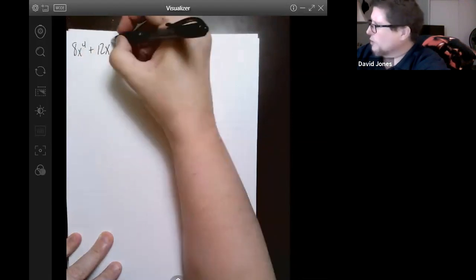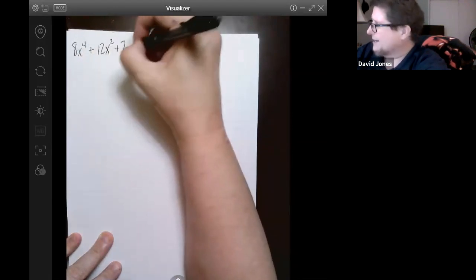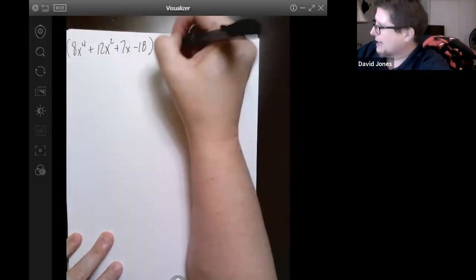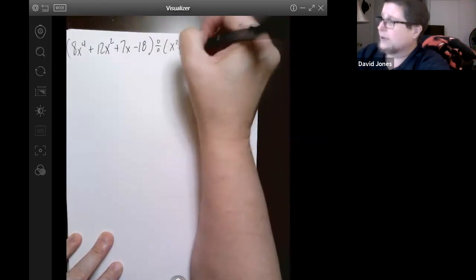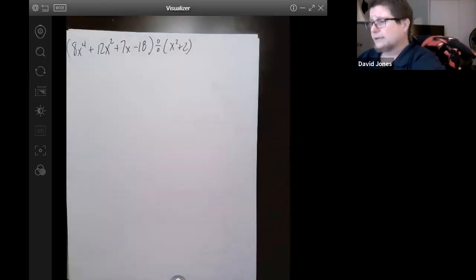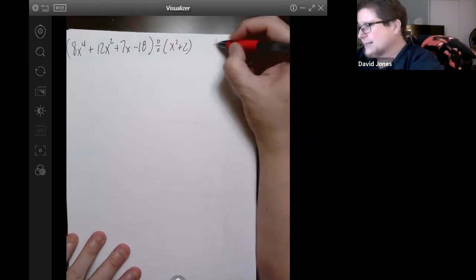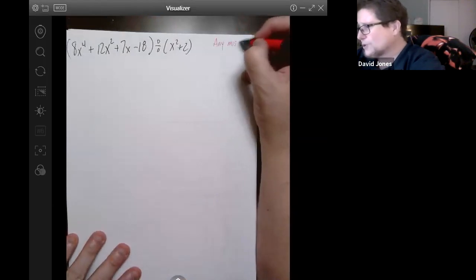Eight x to the 4th plus 12x squared plus 7x minus 18 divided by x squared plus 2. And I want to make a note here. Any missing exponent, use a placeholder of 0.